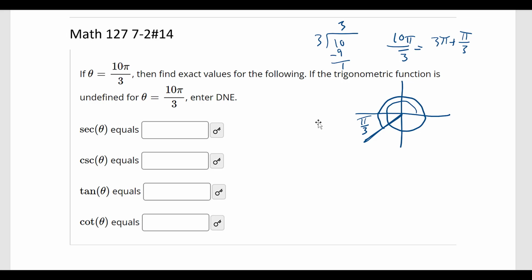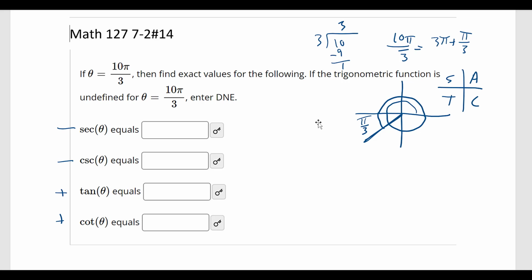If we go back to our all students take calculus, this is where tangent and cotangent will be positive. But sine and cosecant are negative, so cosecant's related to sine, secant's related to cosine, so those are going to be negative.